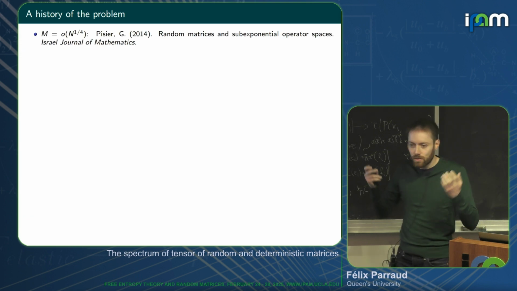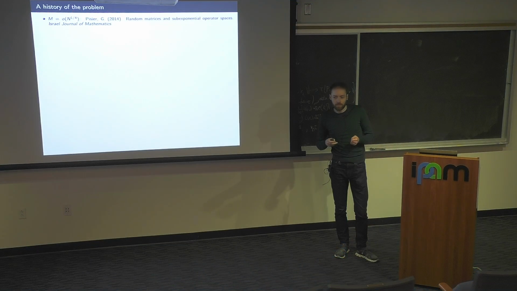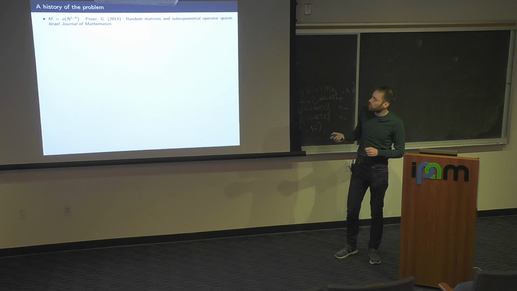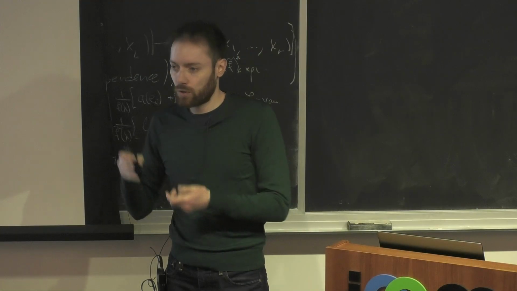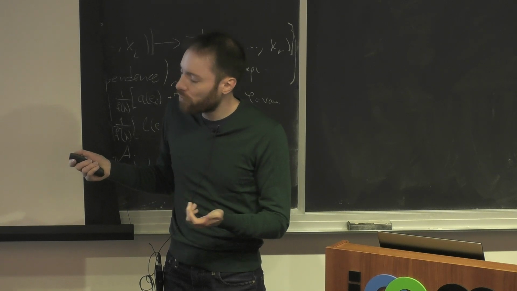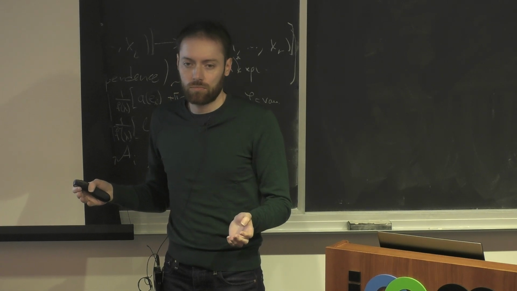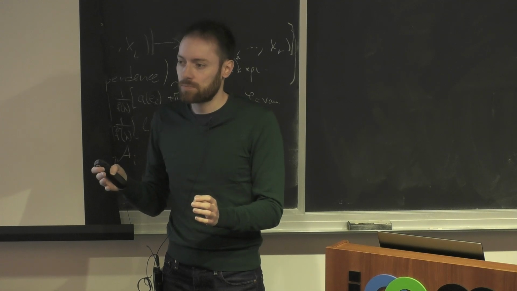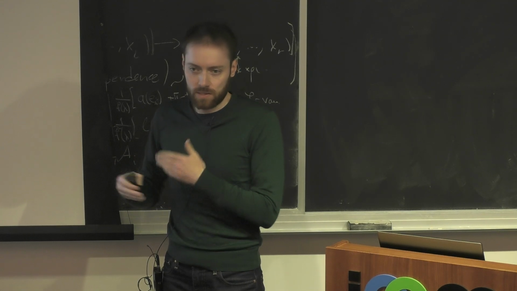All right, so let's do a little bit of a history of the problem. I think the very first paper which gave some result on the topic was a paper from Pisier from 2014, where he showed that if you took the dimension of your coefficient to be the fourth root of N, then you could bound the norm of your random matrix by what you expect to be true.